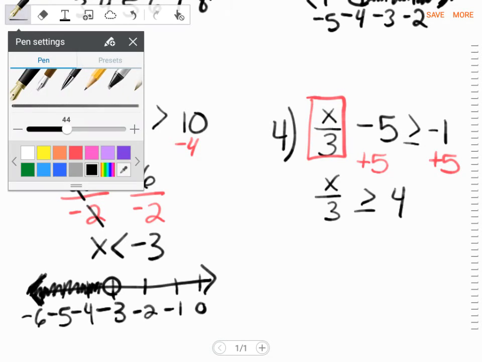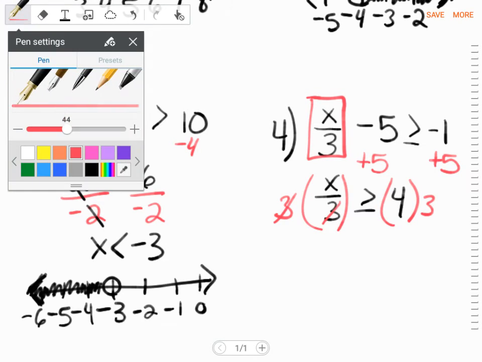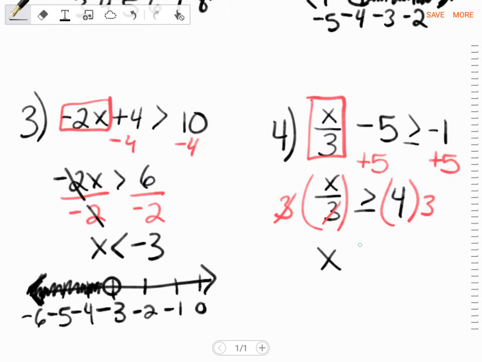Now, to get my x by itself, I'm going to have to multiply both sides by 3 to get that 3 out of the denominator. These guys will cancel off, and I am left with x is greater than or equal to 12.